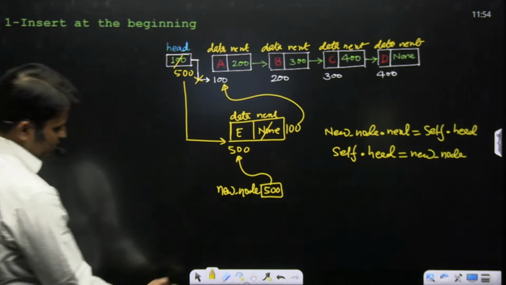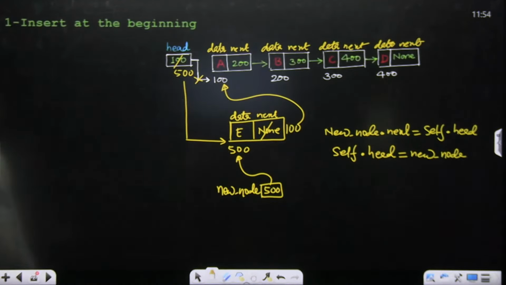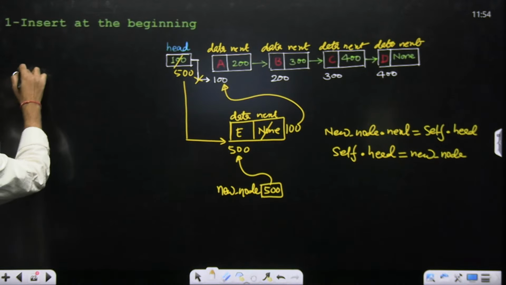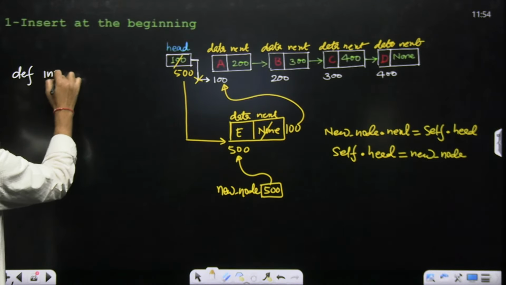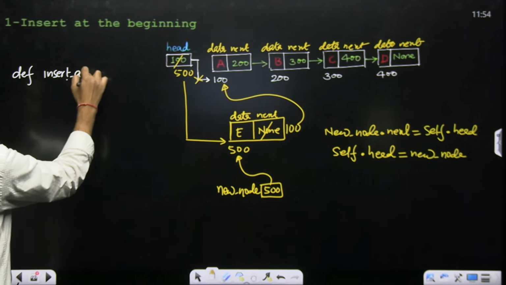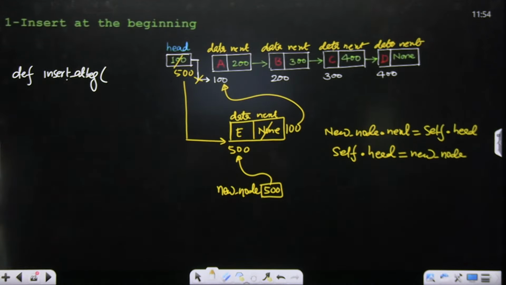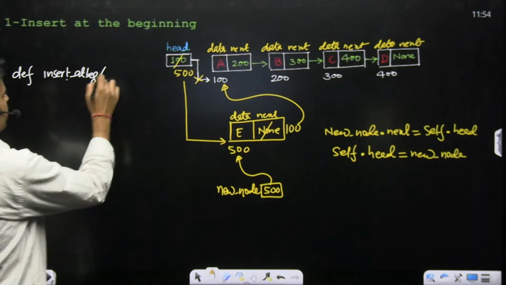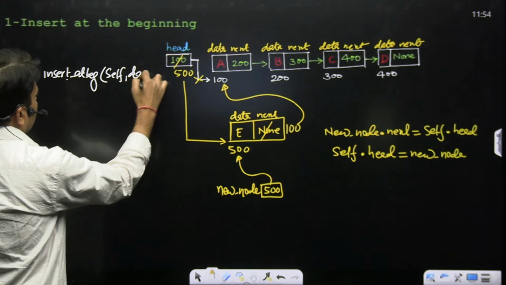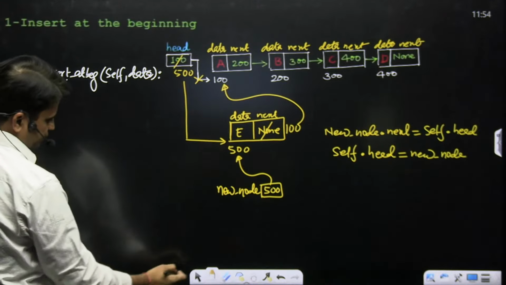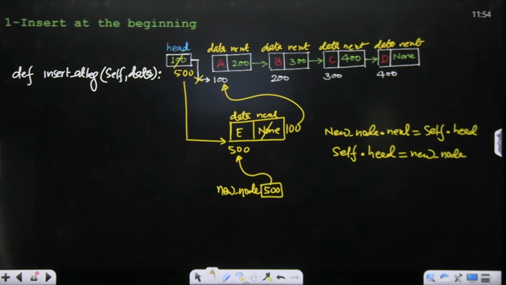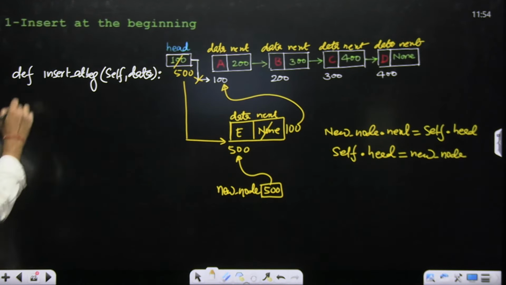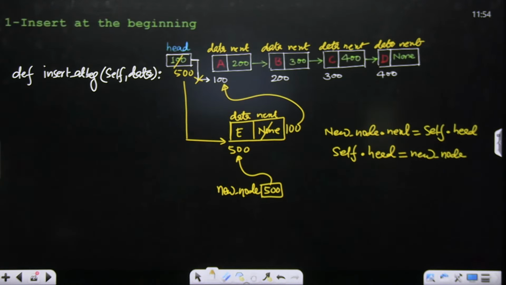How can we write a function for this? def is a keyword to define a function. Define insert_at_beginning with parameters self and data.